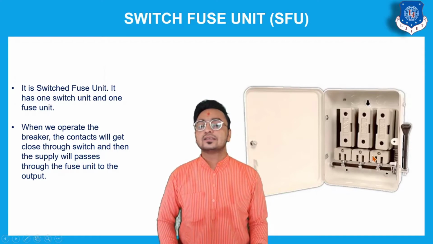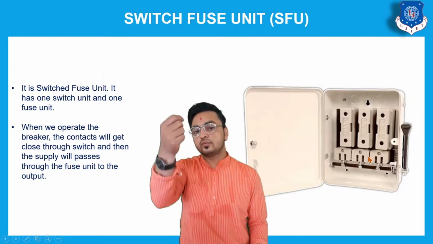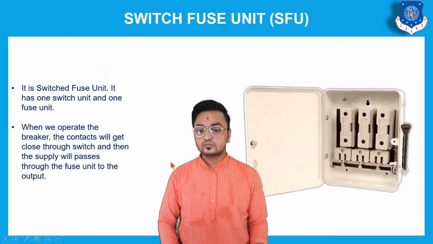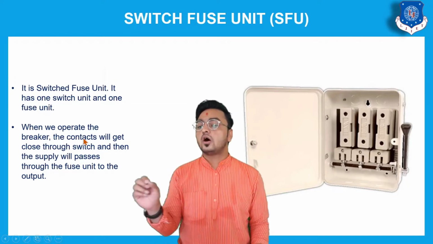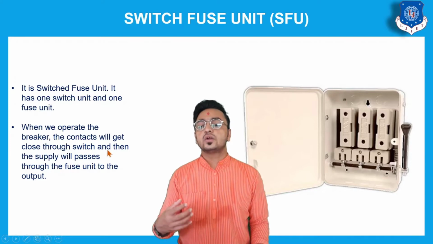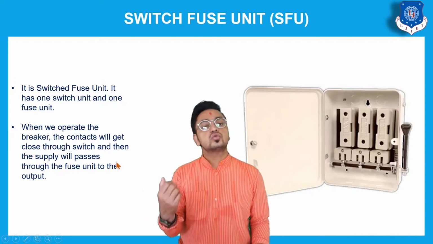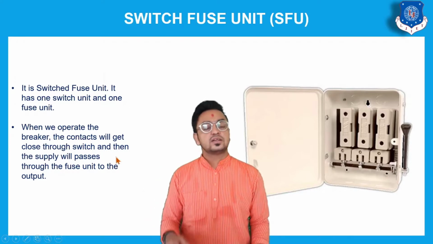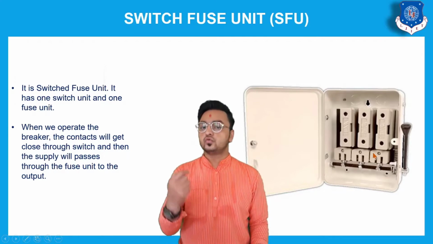These are the three switches, and this is the handle by which we can turn this switch on and off. When we operate the switch, the contact gets closed, and then the supply will pass through the fuse.